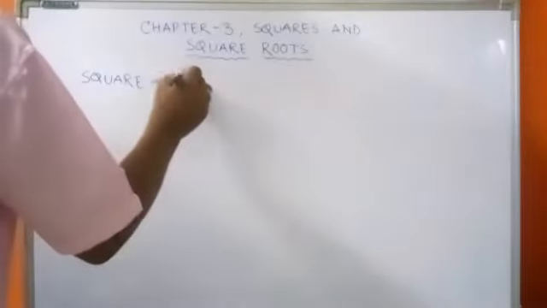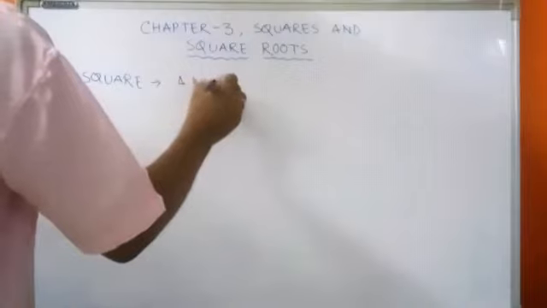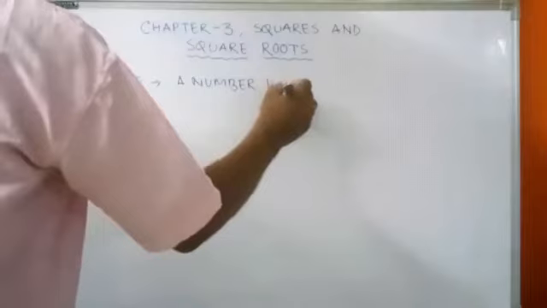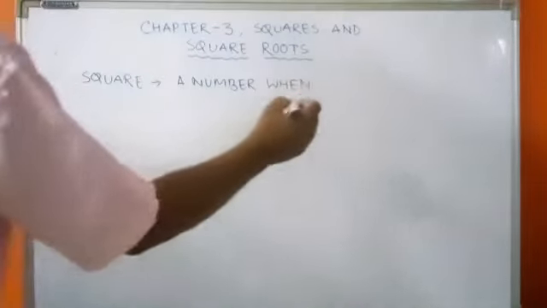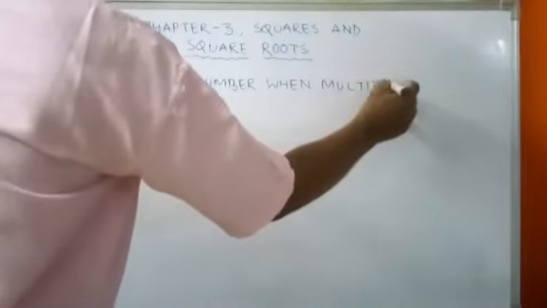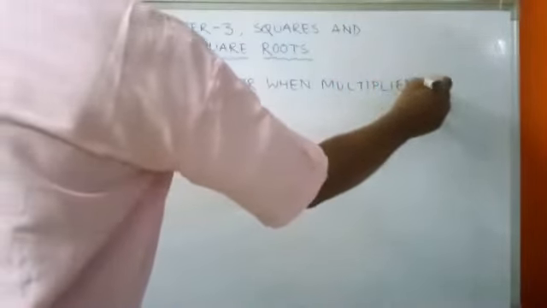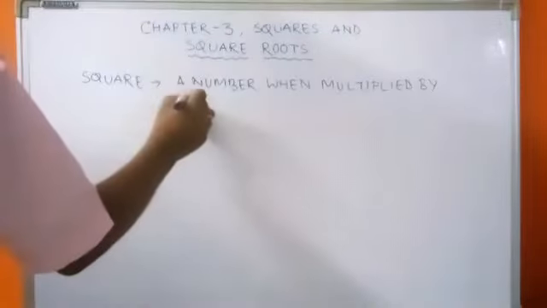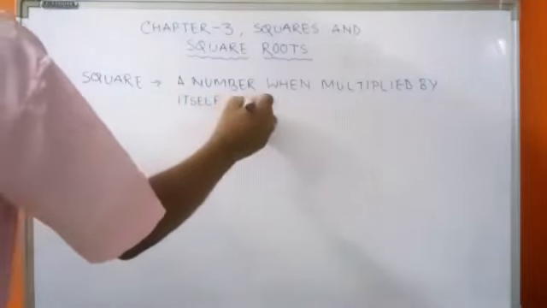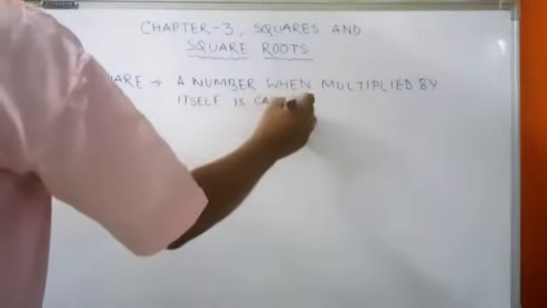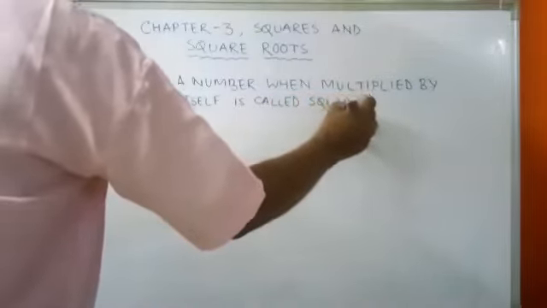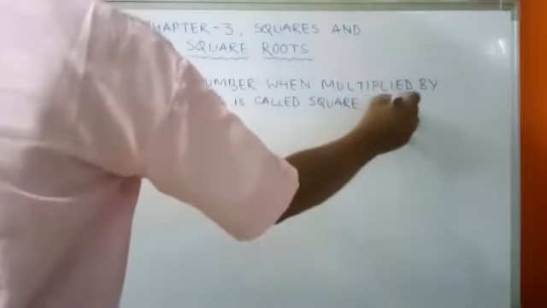That means a number when multiplied by itself is called square of that number.